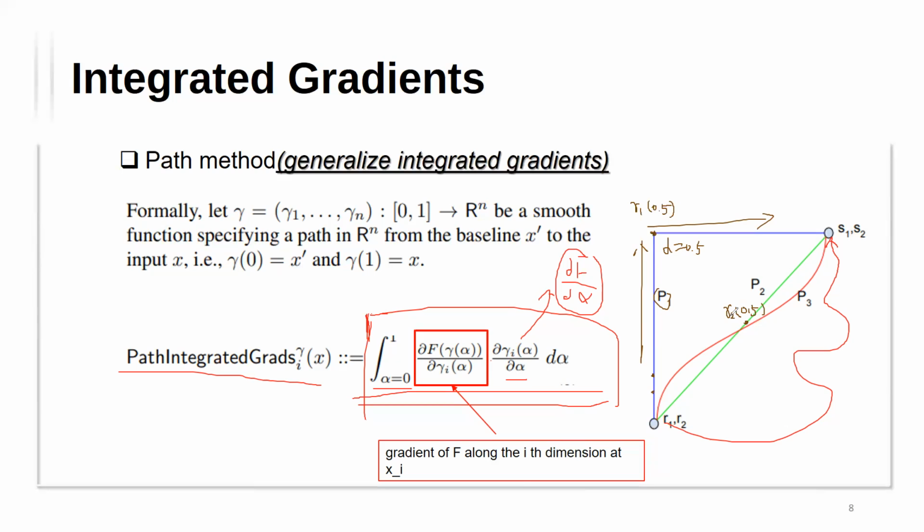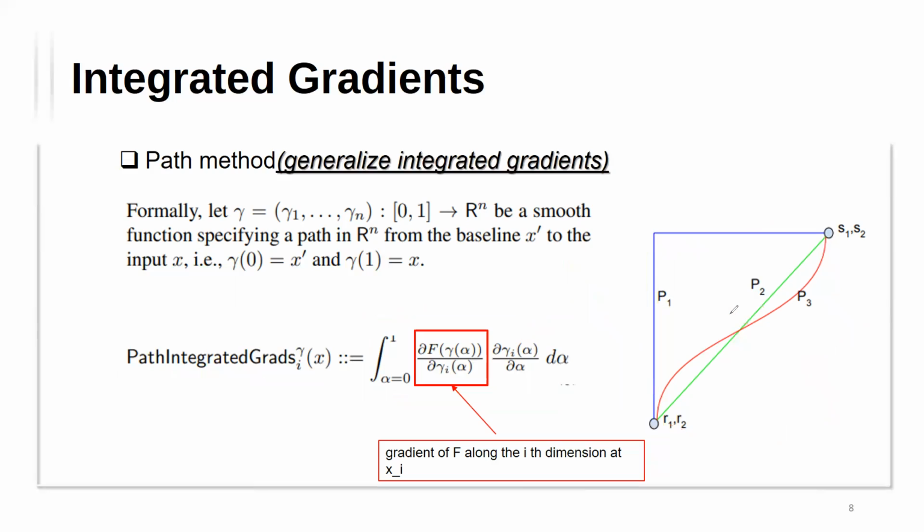So the answer is no. So when we do the integral through different paths, the value will be changed. Later, when we talk about one axiom called symmetry preserving, we will talk about this. They actually compare different path methods.